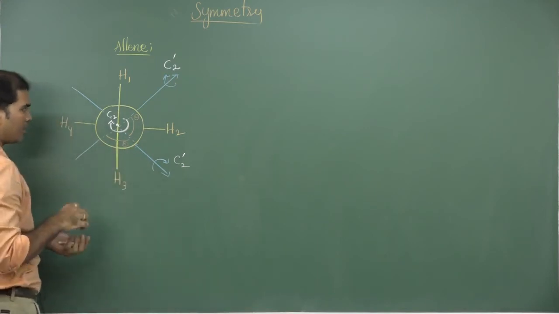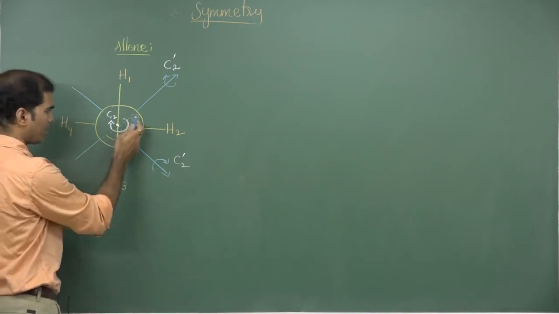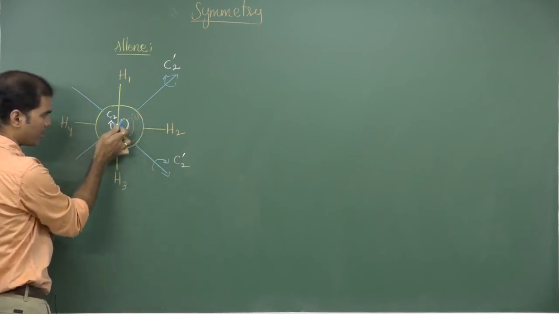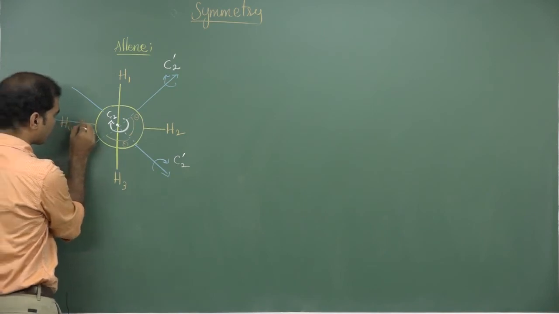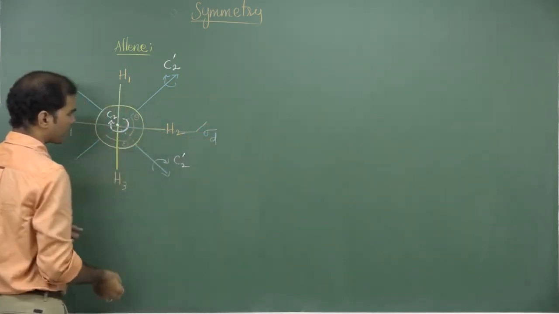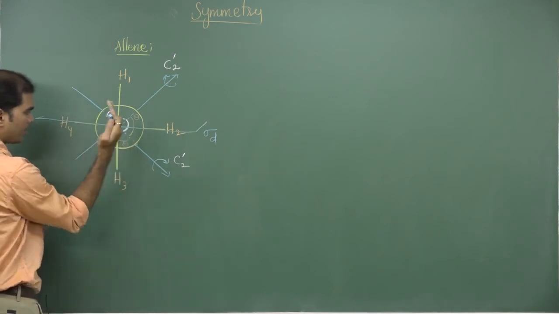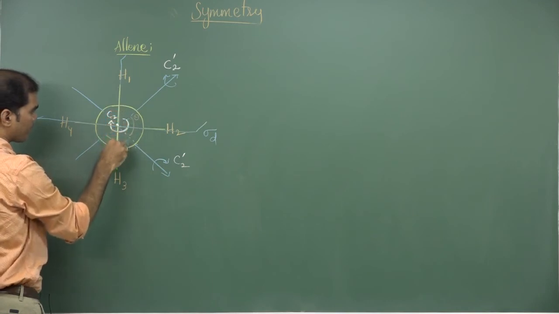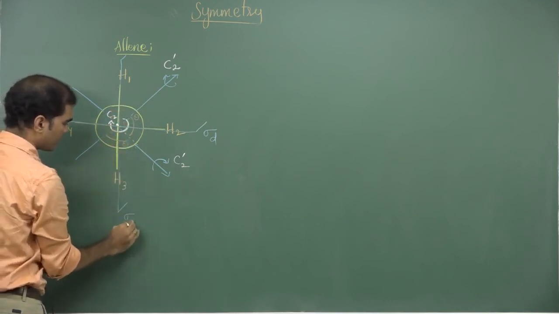Any plane that bisects this dihedral angle should be called a dihedral plane. So if this is the theta, the plane that is bisecting it should be called a sigma d. And if this is the theta, the plane that is bisecting it should be called a sigma d.